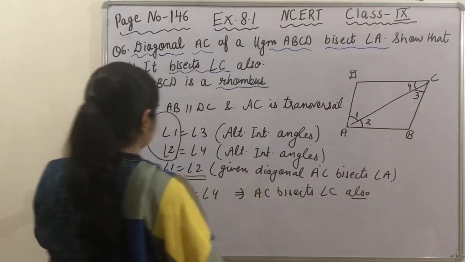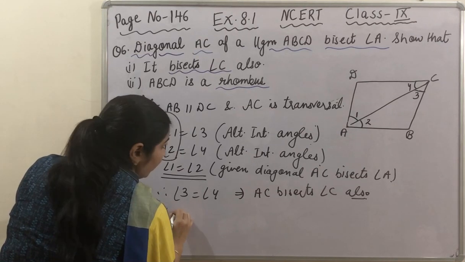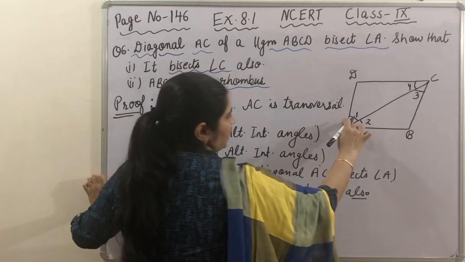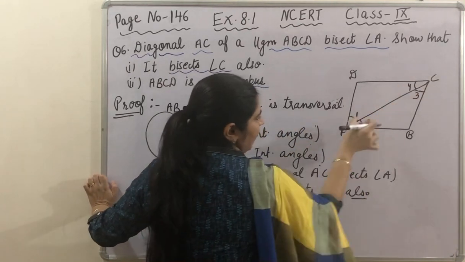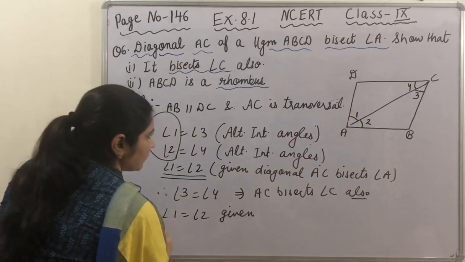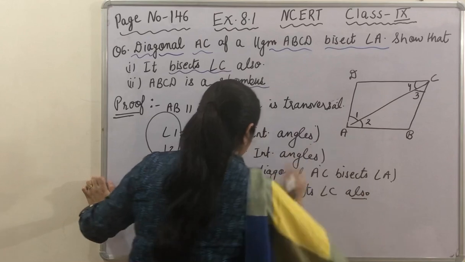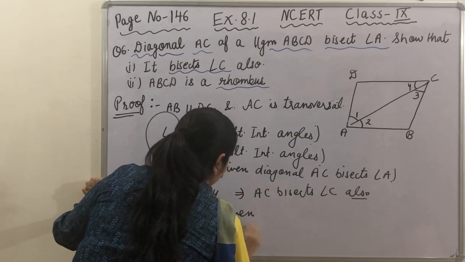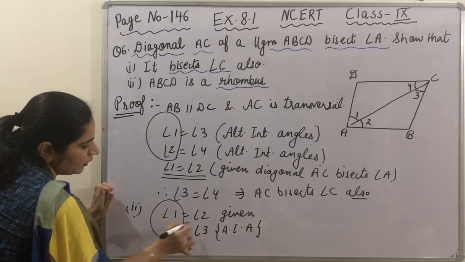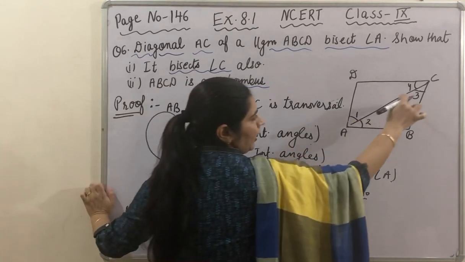How can we prove these two angles equal? We have to prove angle 1 is equal to angle 4. Given is angle 1 is equal to angle 2, since this diagonal bisects angle A. And we know angle 1 is equal to angle 3, alternate interior angle. If I do the comparison, 1 and 1 equal, therefore angle 2 is equal to angle 3.